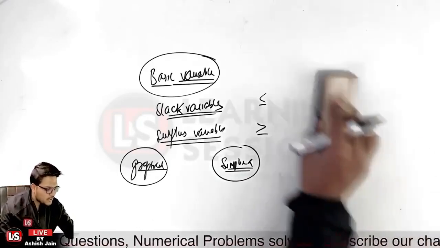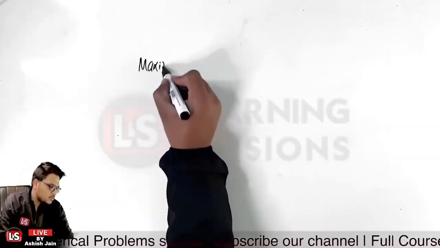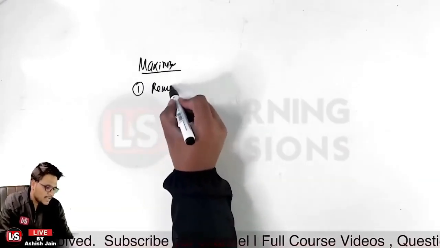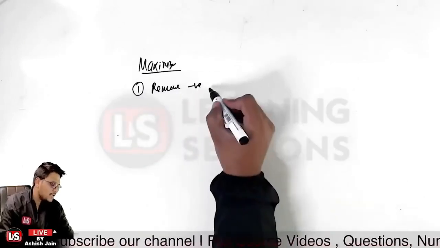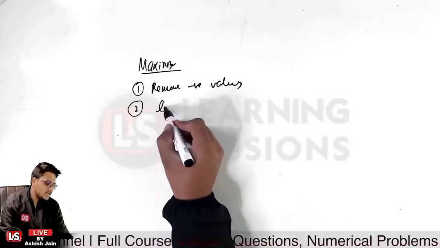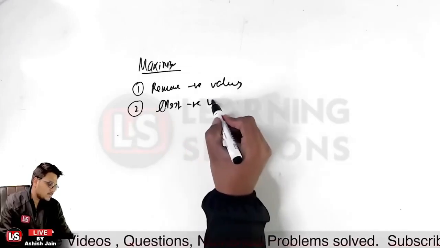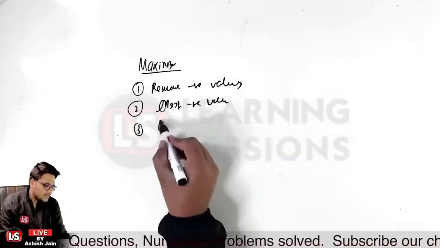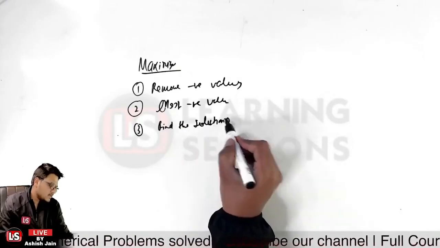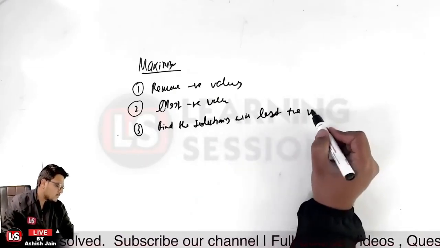So these are the simple steps to be followed if you are to maximize. First of all, we want to remove all the negative values. And second, look at the most negative value, and further find the solutions with the least positive value.